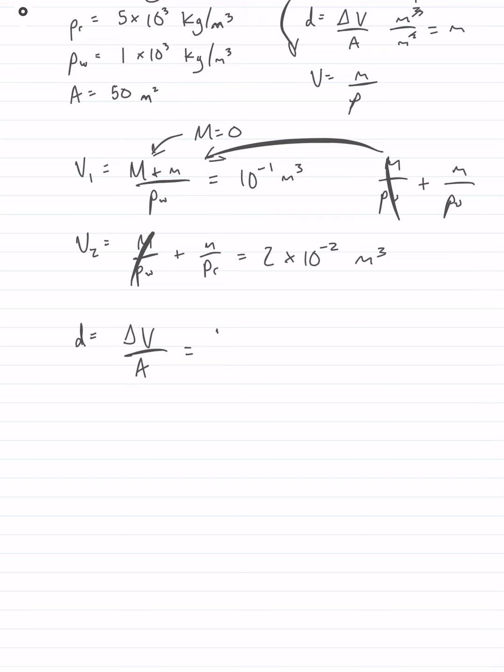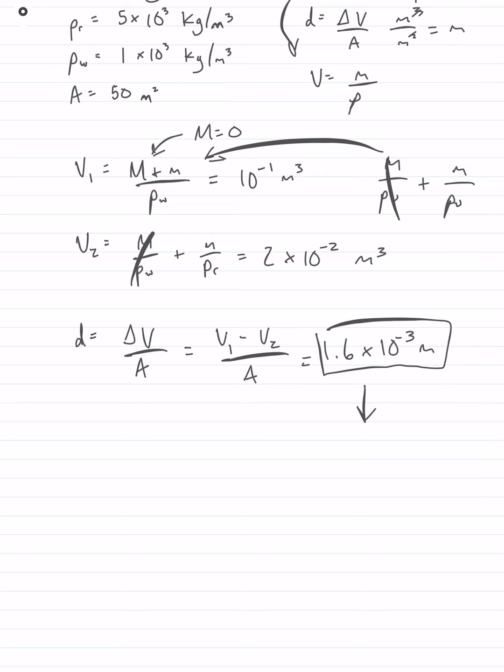Change in volume being V1 minus V2 over the area, and this will give us 1.6 times 10 to the negative 3 meters. Now, because the second displacement, when the rock was put in, is smaller, this means that it decreases by this, that this goes downward.